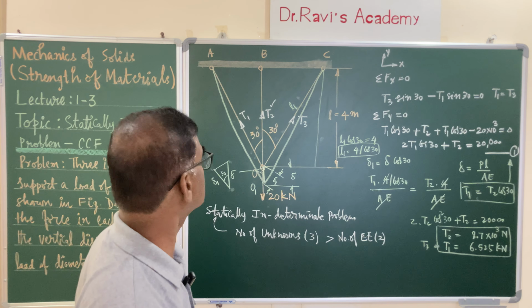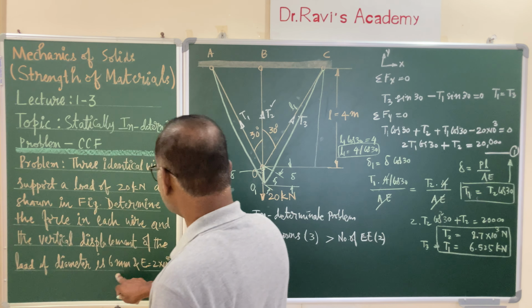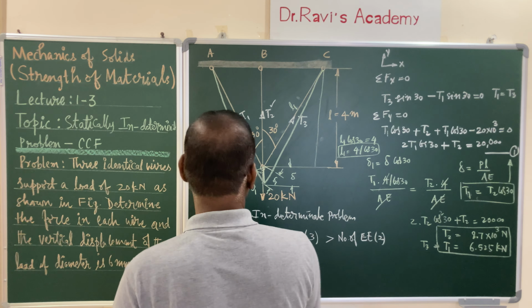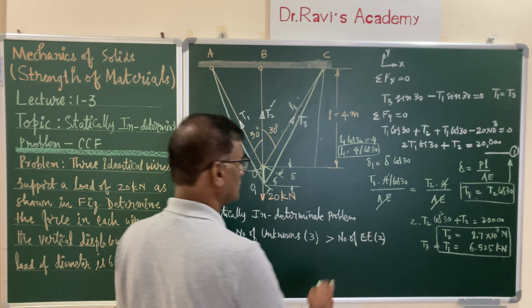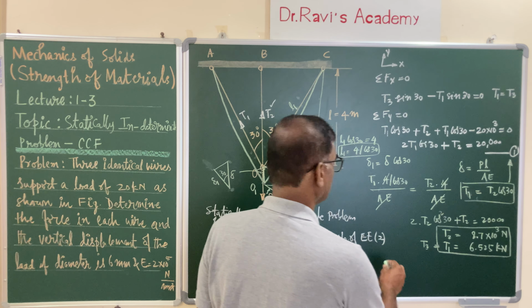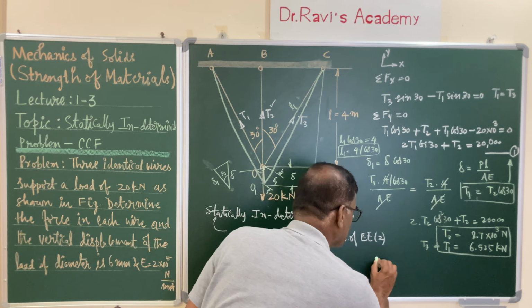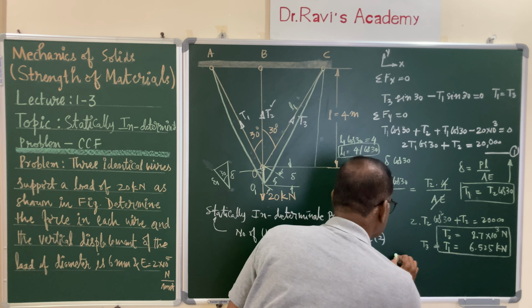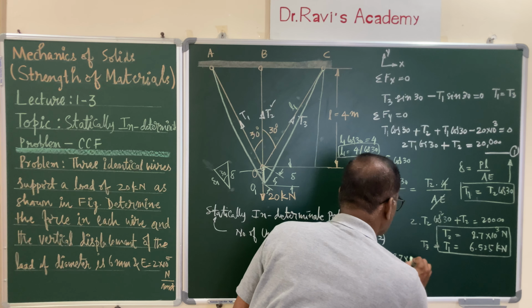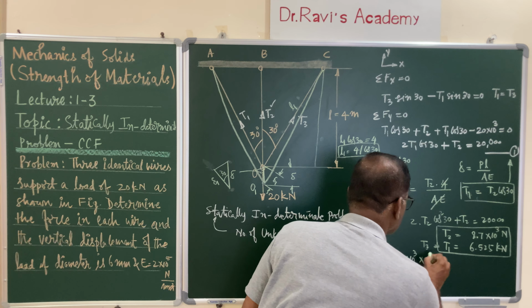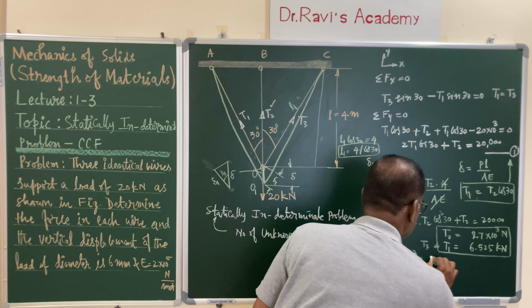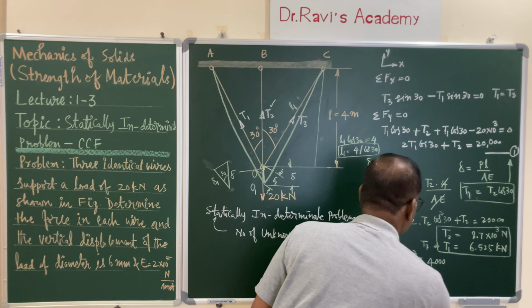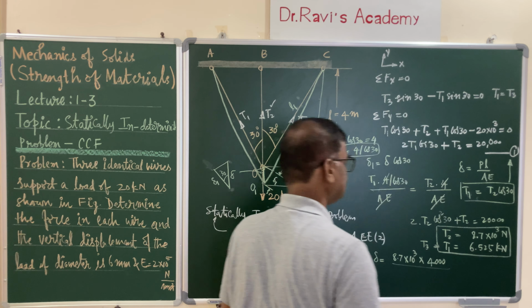Now the diameter is given, and the question is asking what the vertical displacement is. That means it is asking for delta also. So recall the delta equation: delta is nothing but T2 value, 8.7 into 10 to the power 3, times length 4 meters. Substitute 4000 mm because all the length units are in mm.